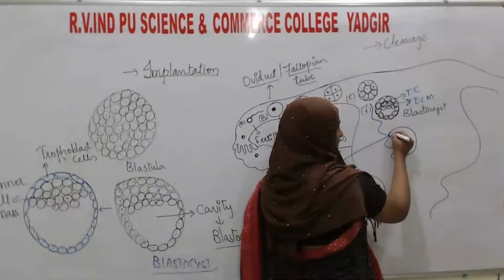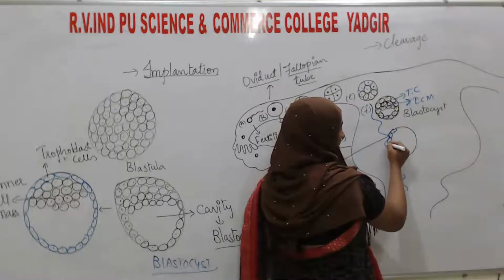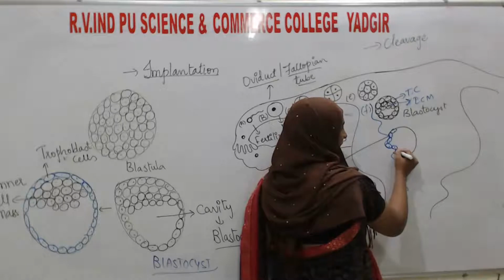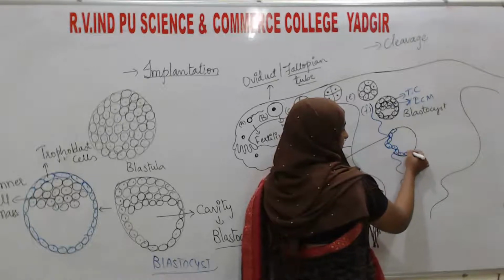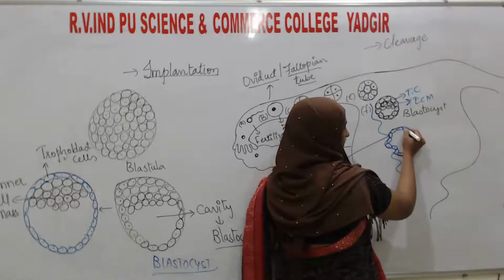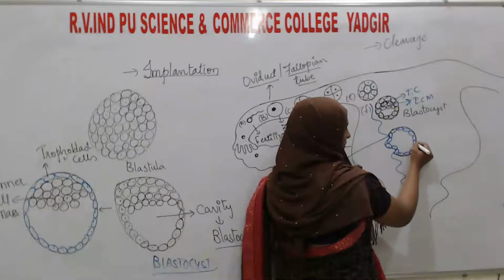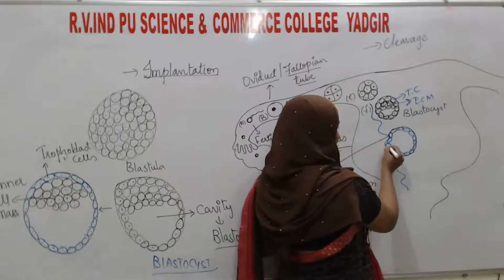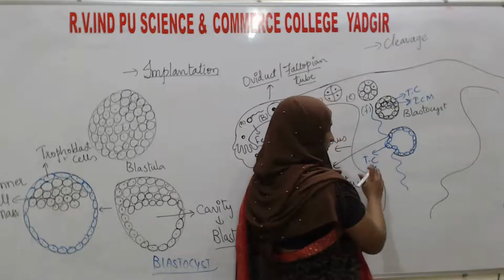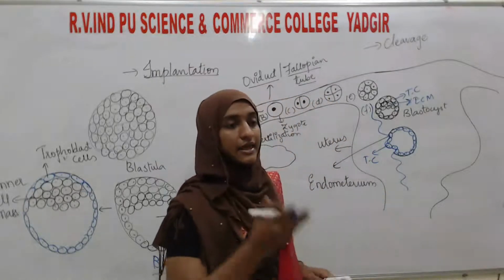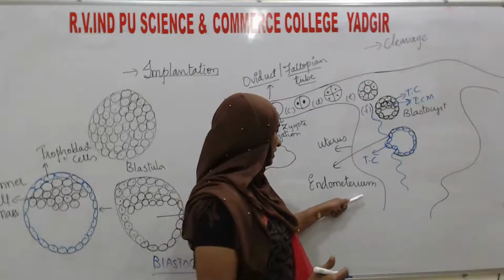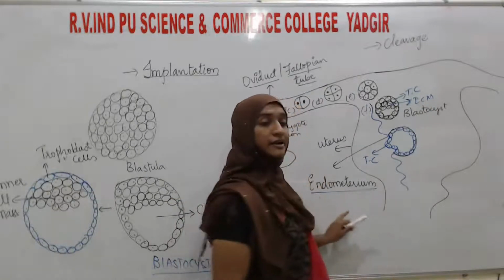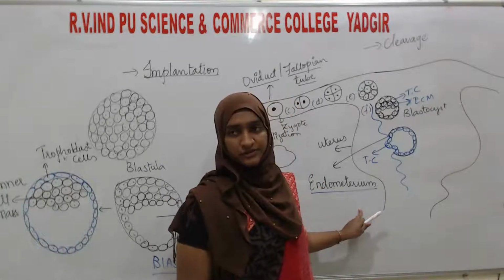See here, these are the trophoblast cells. It is going to attach in this way. As you know, these blue color cells are trophoblast cells. So these trophoblast cells get embedded into which layer? It is the endometrium of the uterus.